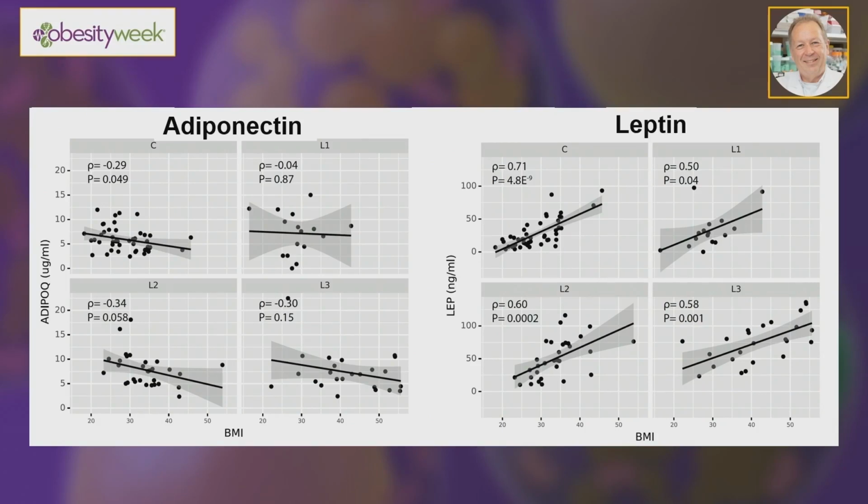You can see on the right-hand side, when you plot the BMI versus leptin levels across the different stages, that this pretty much holds true. Adiponectin is actually exactly the opposite. That's what it's famous for. It's an adipocyte, a fat tissue-derived secretory marker. But the more fat tissue we have, the less adiponectin is in circulation.